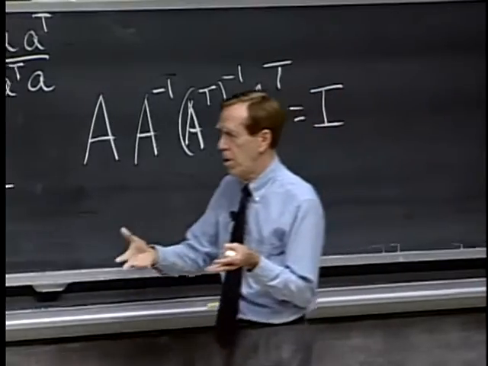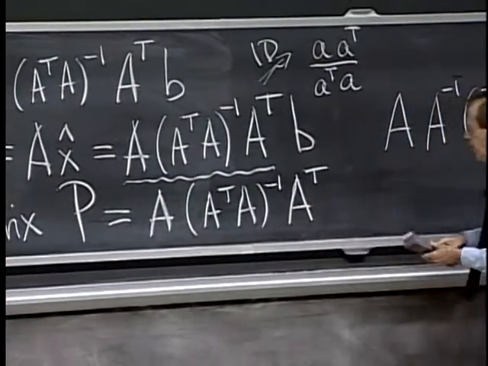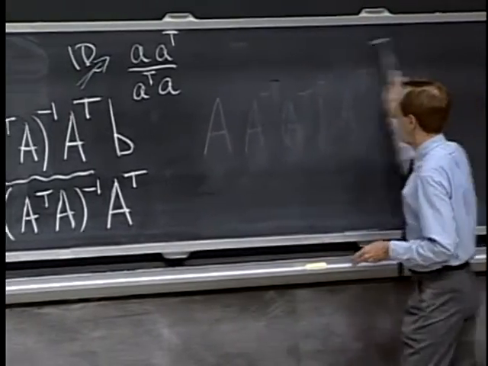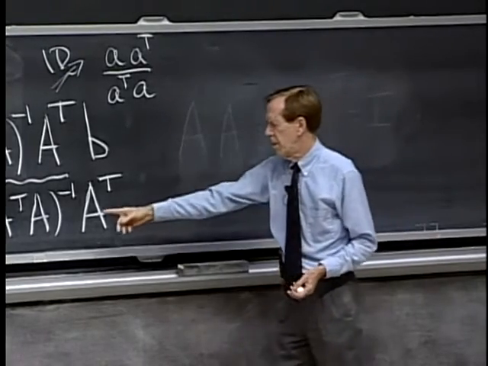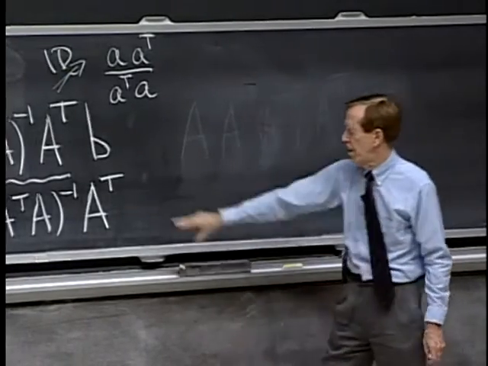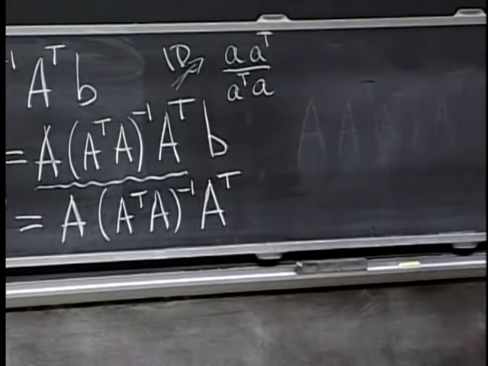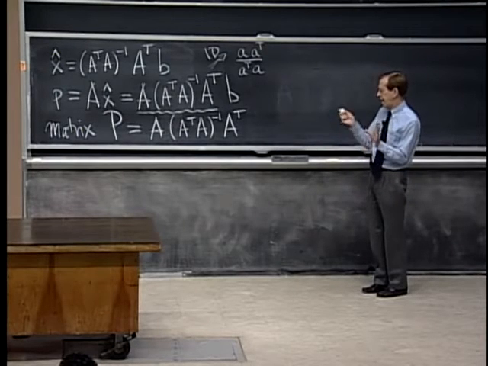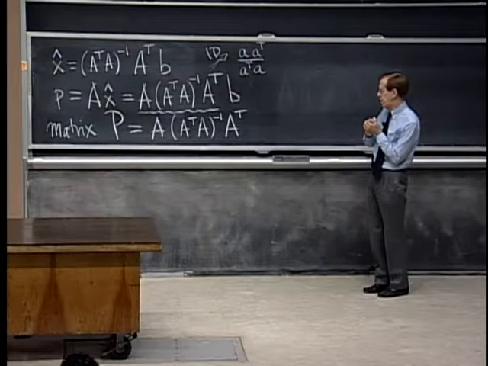But if I'm projecting onto a subspace, then I can't split those apart, and I have to stay with that formula. So I remember this formula for 1D, and that's what it looks like in n dimensions. And what are the properties that I expected for any projection matrix, and I still expect for this one?